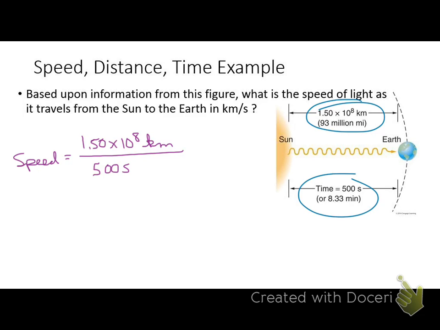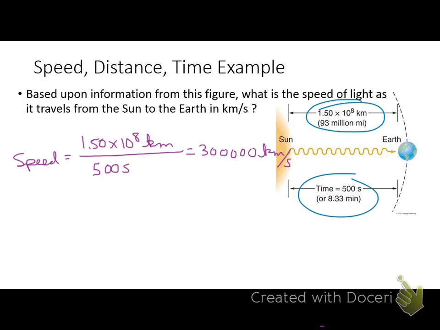I got to count zeros here. I got a 3 with 5 zeros after it. Did you guys get that too? Actually, it's a classic speed.